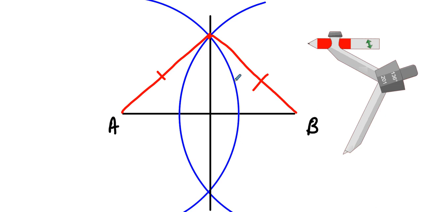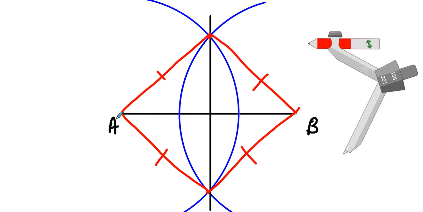And we also know that this point down here does the same thing. This distance and this distance, those are the same. Which means that this red quadrilateral is a rhombus.